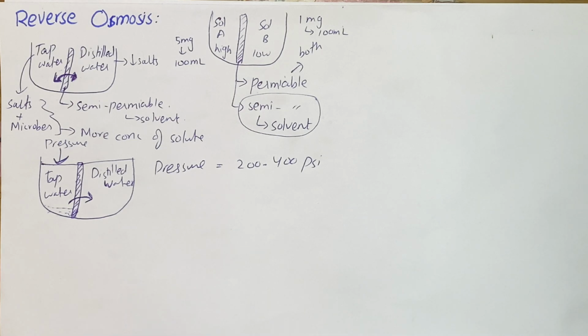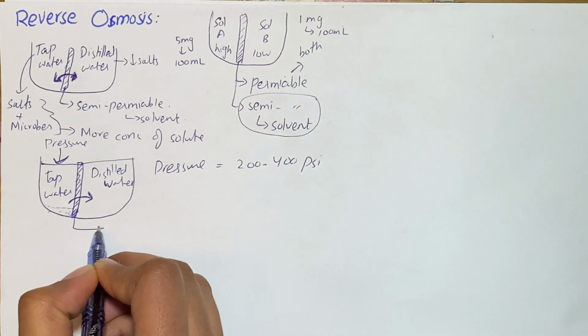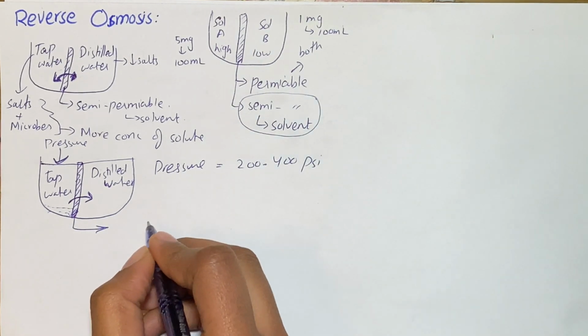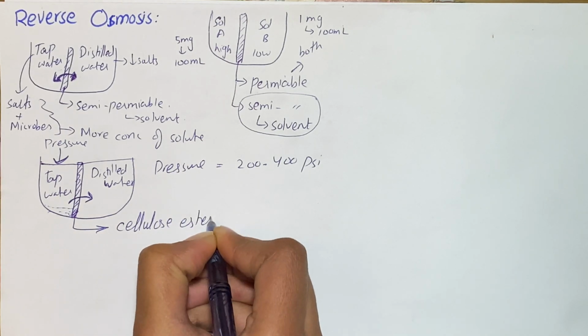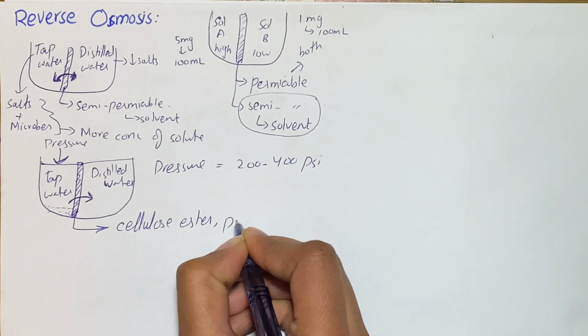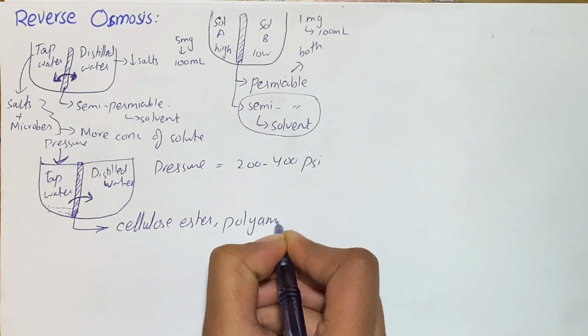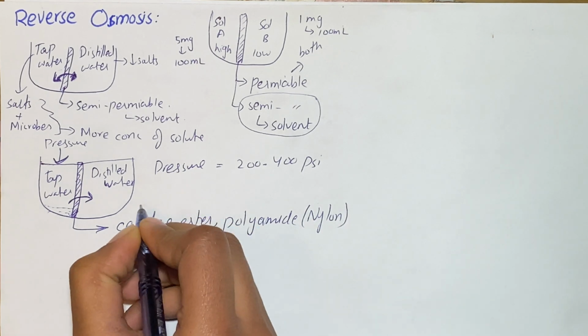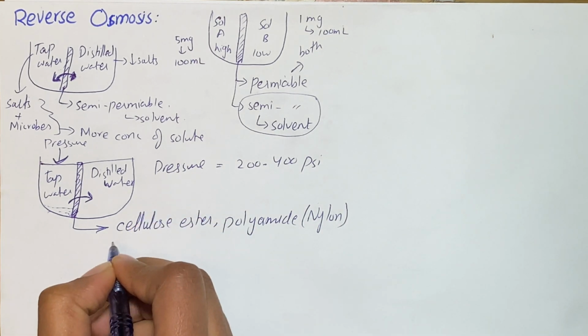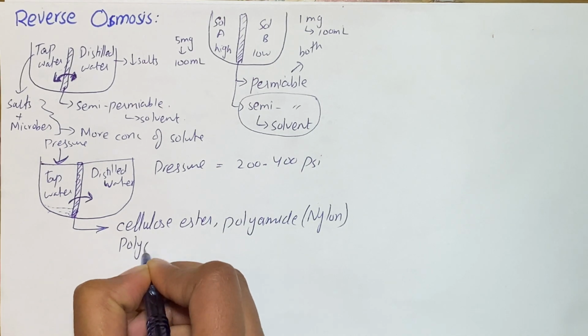So tolerability of the semi-permeable membrane is very much important, otherwise it will not hold the pressure and it will destroy our process. So the semi-permeable membrane could be of cellulose esters, it could be composed of polyamides which include nylon. Other than that, it can also be composed of polycarbonates.